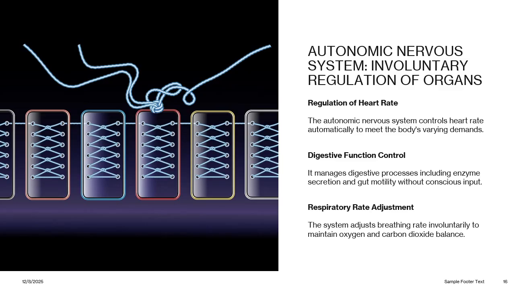These are the ones that we don't have to actually think about to make it happen, because we've talked about this before, but if you had to think about regulating your heart rate and telling your digestive system to break down the food you eat and remembering to breathe every so often so you don't run out of oxygen, you basically could not maintain life. So your system does it automatically. Hence the autonomic nervous system, the ANS.